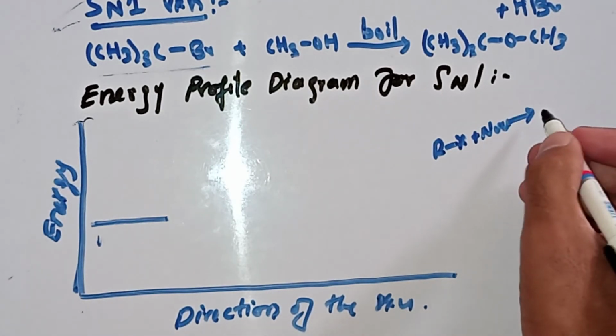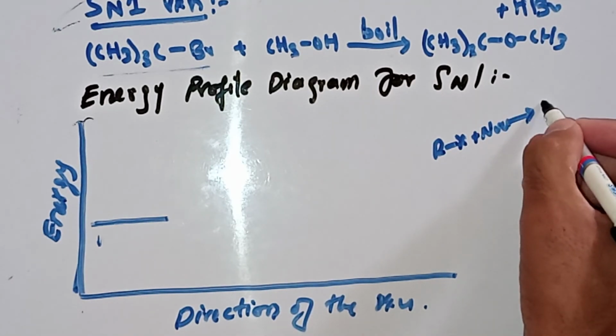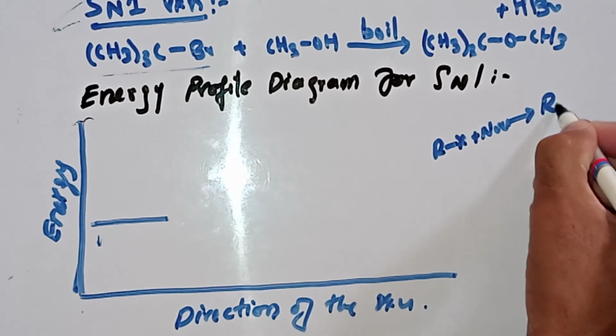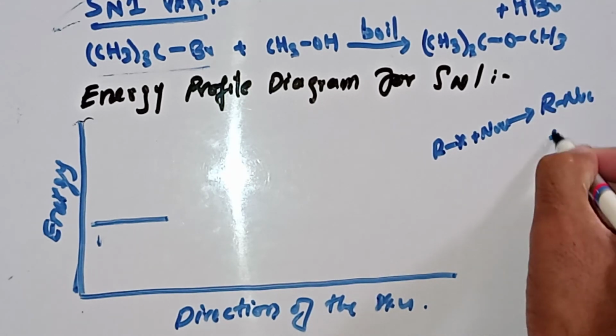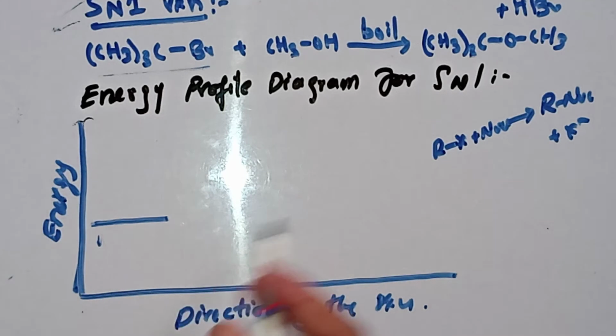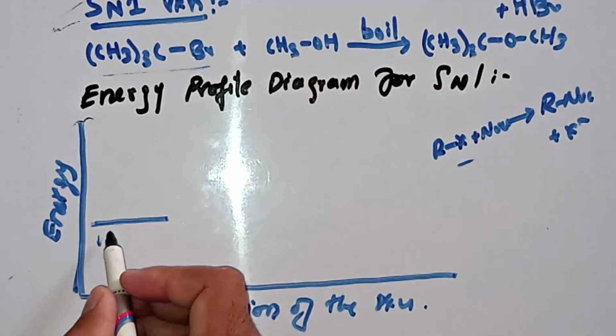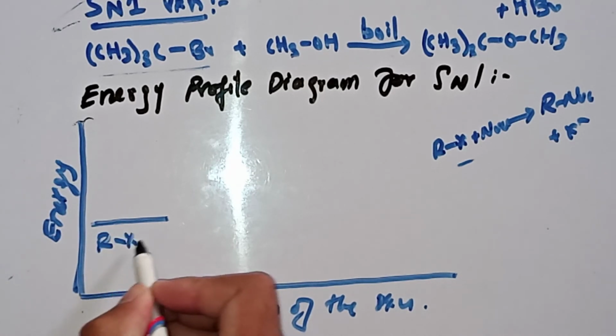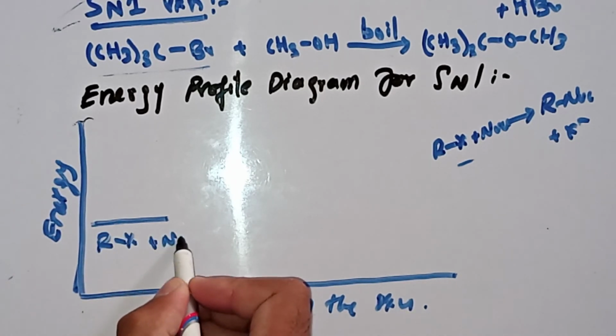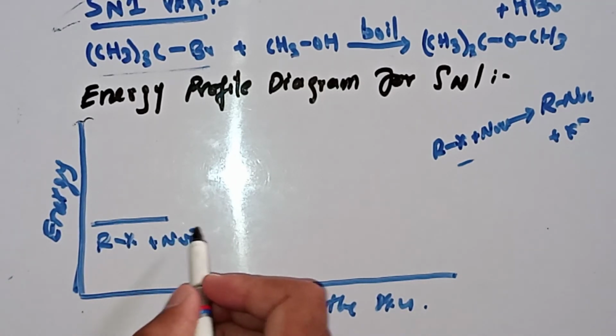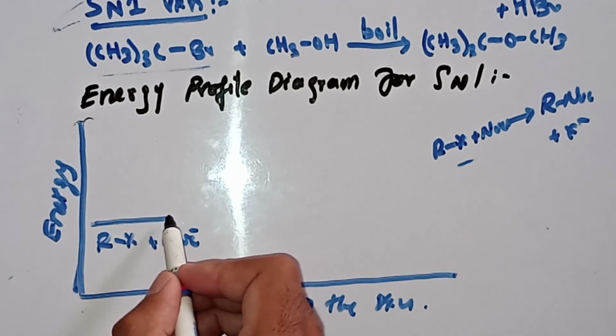After that it produces R-nucleophile plus X. But it will be completed in three steps. In the first step, RX plus nucleophile are both used. So this is the first step.